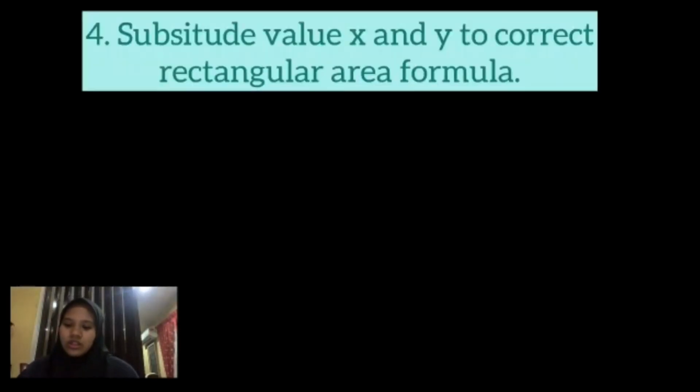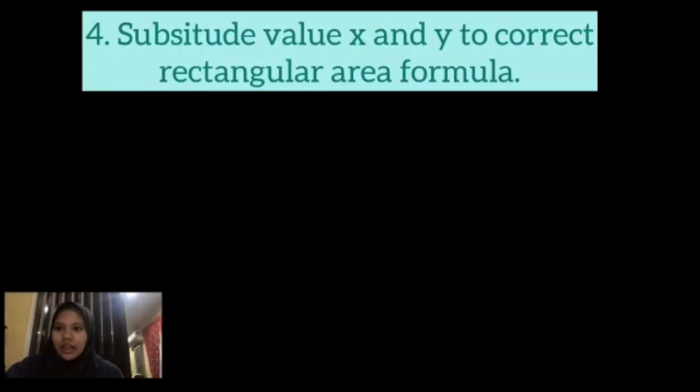Next, substitute the values of x and y into the rectangular area formula correctly, which, as you know, area for the rectangular part is length multiplied by width, and the length is y and the width is x, so y multiplied by x equals the area.